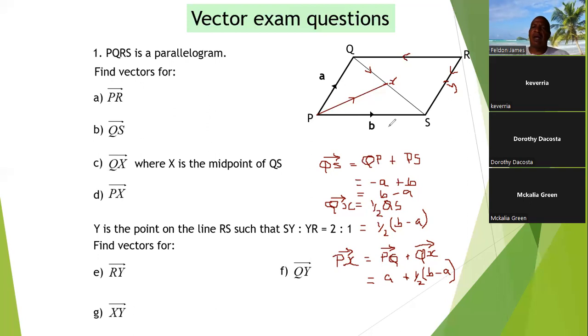We can go from R to Q, and we can then now go from Q to Y. But how would that help us in terms of A and B?